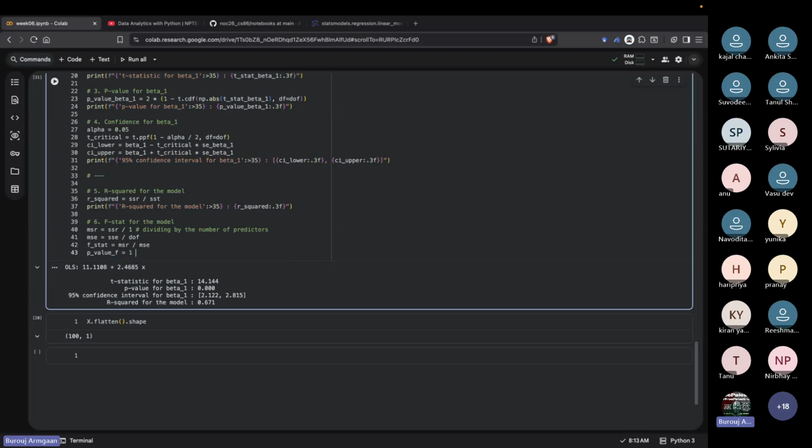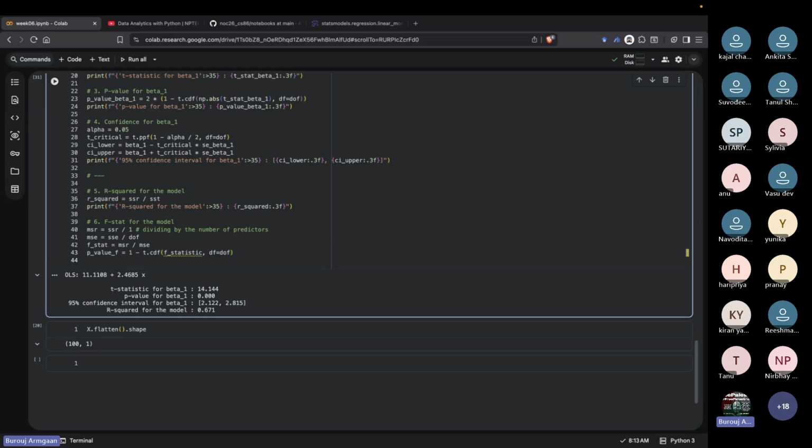This would be 1 minus F dot CDF, our F statistic, comma, DF is equal to DOF. And I think that should be it. So we have our F stat, and we can say print F stat for the overall model.